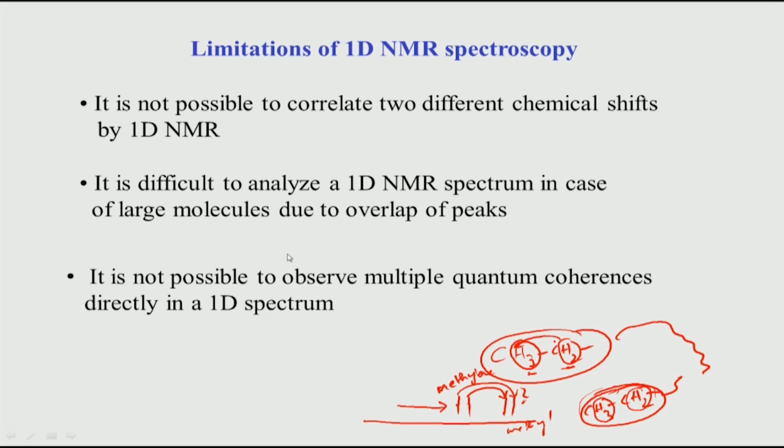For the time being, it is okay if you do not fully understand these concepts, but keep in mind that one of the reasons 2D NMR is very useful is that you can indirectly detect multiple quantum coherences, because in 1D you cannot directly detect them. Now, let us look at at least two of these three cases, and see how and what 2D NMR helps to resolve.